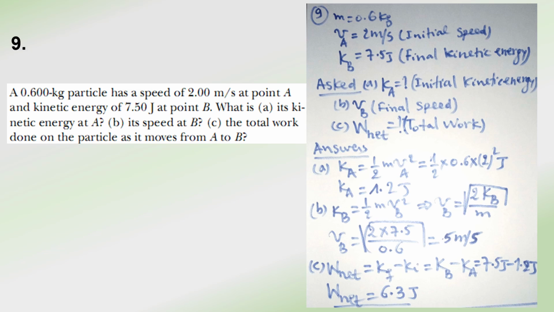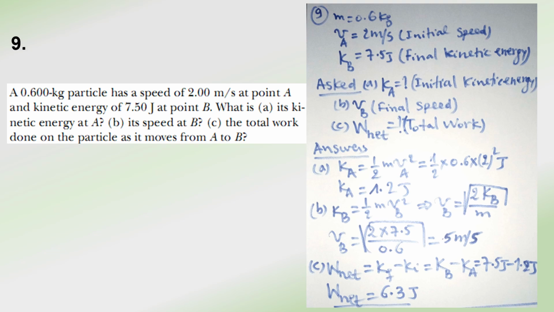Here we are given a 0.6 kilogram particle having a speed of 2 meters per second at initial position A, and a kinetic energy of 7.5 joules at final position B. We are asked to find the kinetic energy at point A.